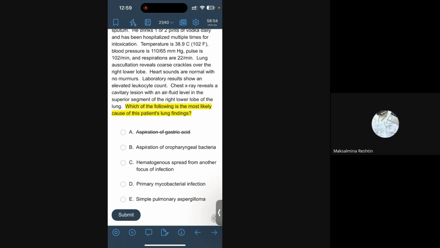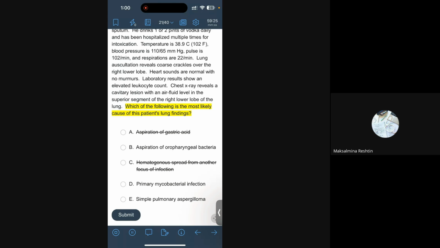You would only see inflammation of the lung tissue, but no infection. In our patient, there are air fluid levels, and all of these are signs of an infection. We know it is due to aspiration. C is not the answer.